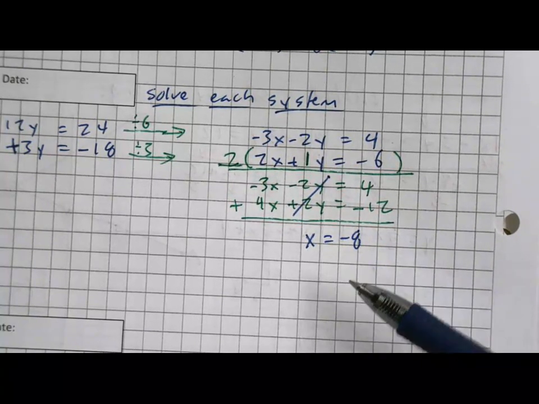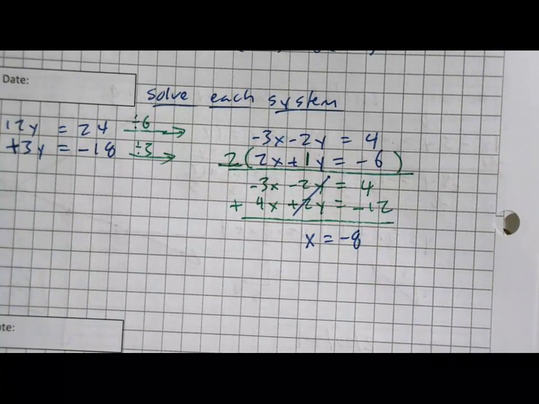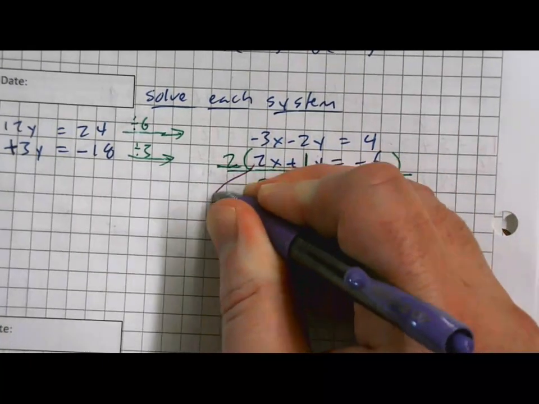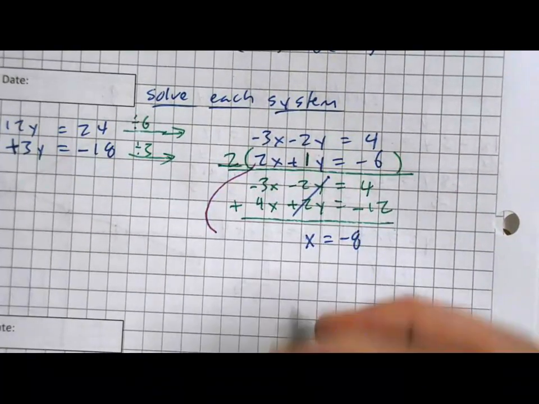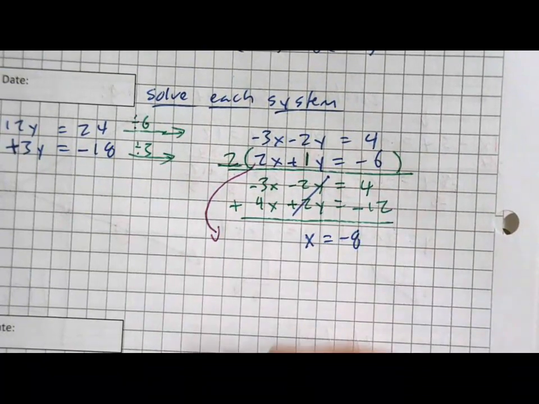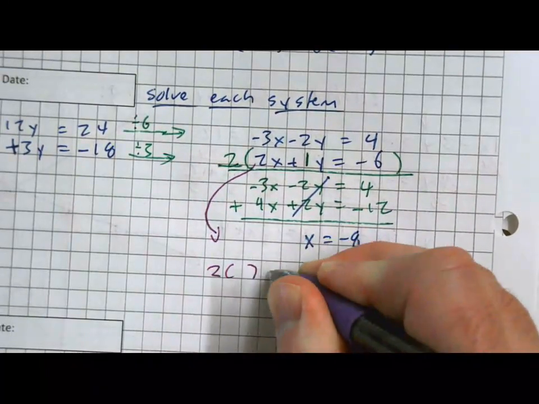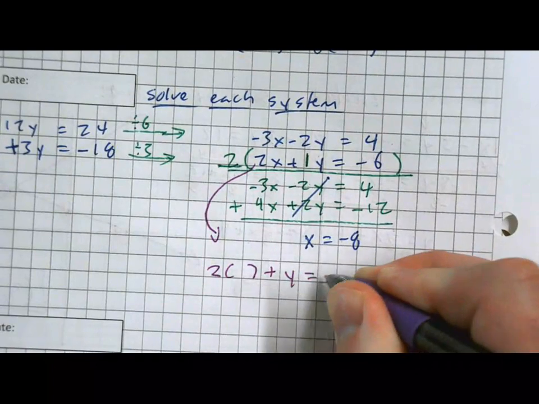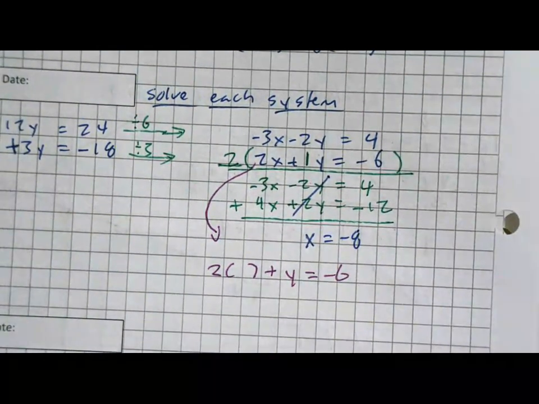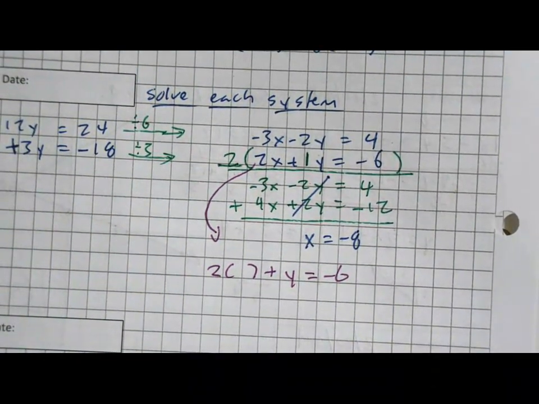To find y, just like before, we just need to go back to one of those original equations. Doesn't matter which one. I kind of like the looks of the top one. Actually, the bottom one doesn't have as many negatives, so I'm going to go with the bottom one. The bottom equation was 2x plus 1y equals -6. I left the x out, though, because I know what x is.